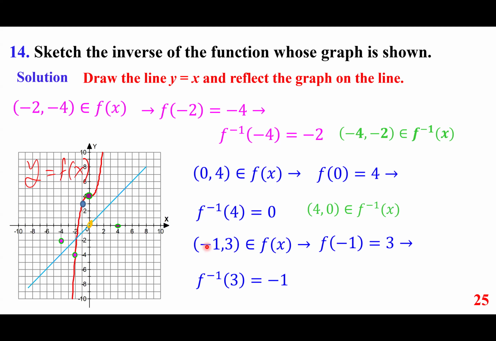If this belongs to f of x, then it's just inverse that. Put the 3 here, negative 1 here. And it must belong to its inverse. So we are going to find 3, go 3 to the right, and negative 1, 1 down, 3 to the right, 1 down, gives us this point.